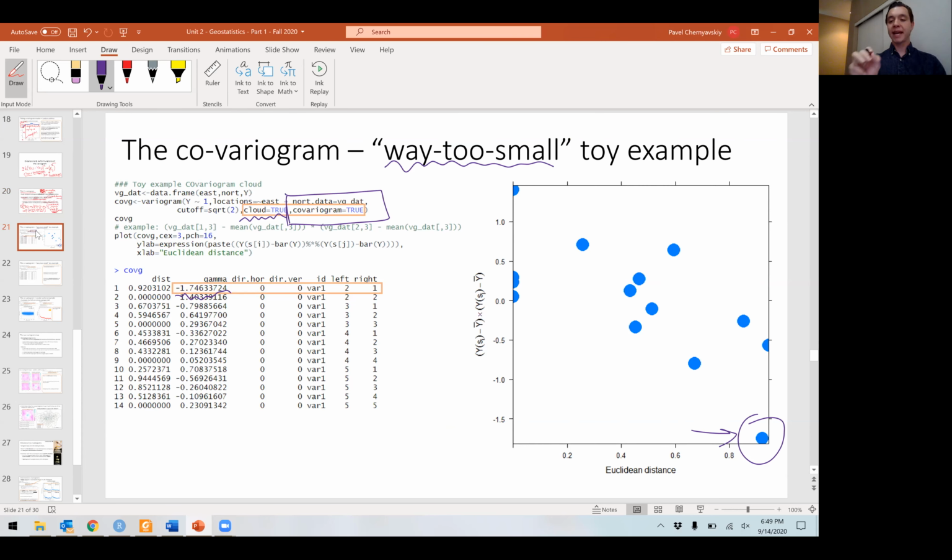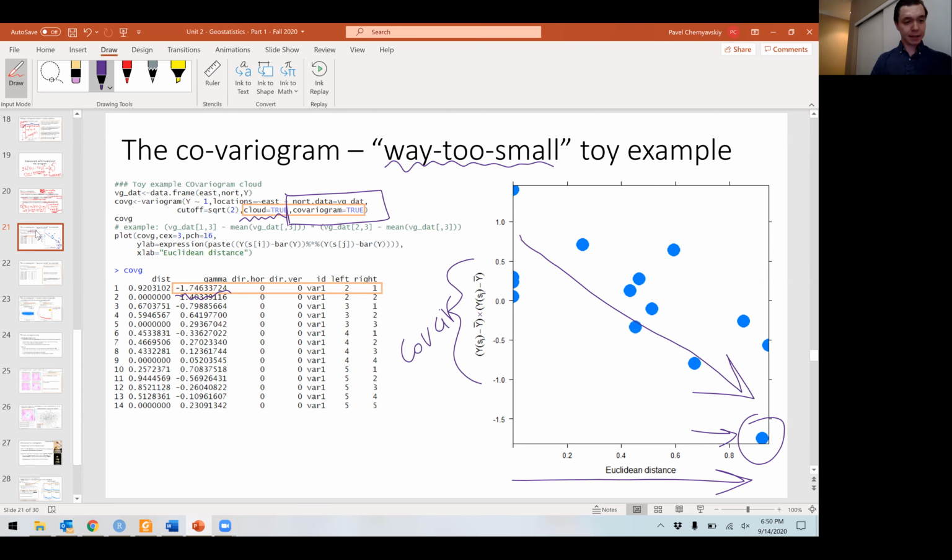But compare this general trend with that of a variogram. You will notice that there's a general decreasing trend. That is, the covariance between pairs of observations tends to decrease as the distance between them increases.